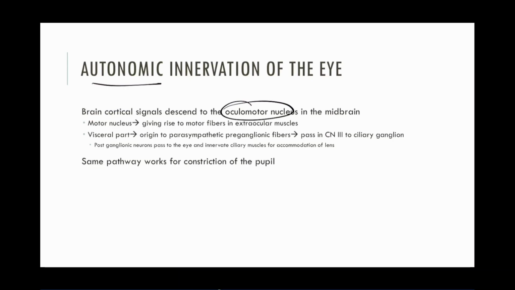Oculomotor is nothing but the cranial nerve. Which nerve is that? Three. Okay. We have the motor nucleus, which gives rise to motor fibers in our EOMs. And we have the visceral part, which is the parasympathetic preganglionic fibers. And they go from cranial nerve 3 to the ciliary ganglia.